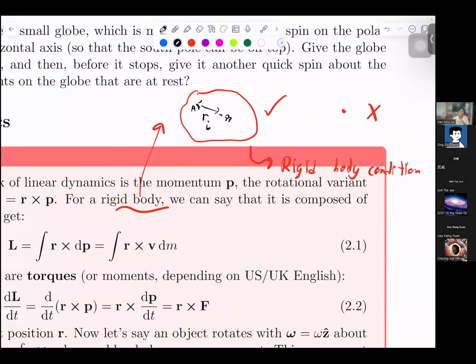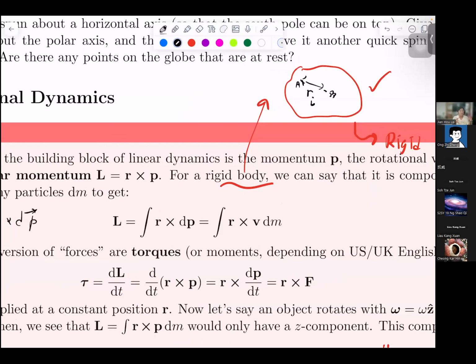So that is the rigid body condition that we are idealizing. It means the body cannot be compressed, cannot be pulled and deformed. So we are talking about this, a rigid body.